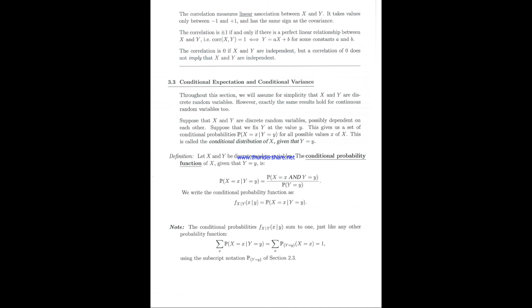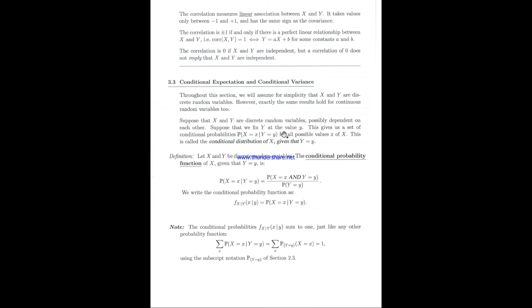So you can write the probability that random variable X is equal to small x, given that the random variable capital Y is equal to small y. We have fixed that, so that is our condition.